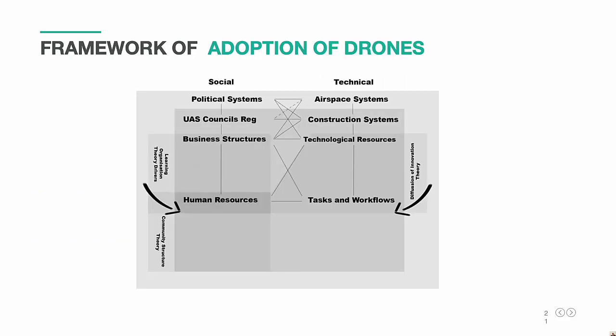So if you want to adopt the drone within your organization, first we need to understand the social and technical implications. We need to understand the political system in that country, if they have any law or regulation against a specific part of the drone, a specific drone manufacturer, or the country the drone may come from.